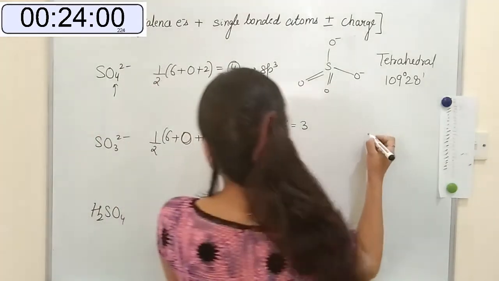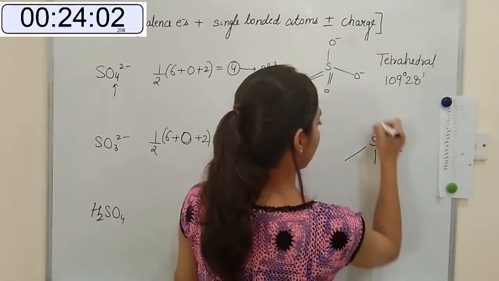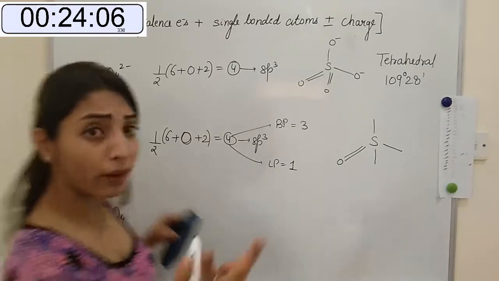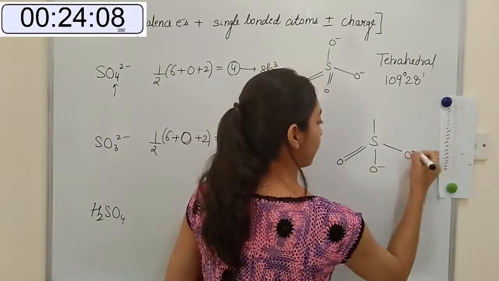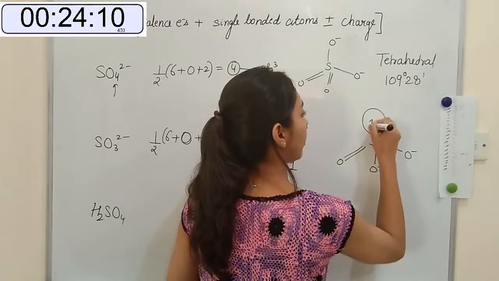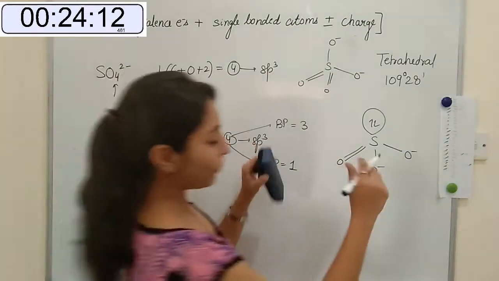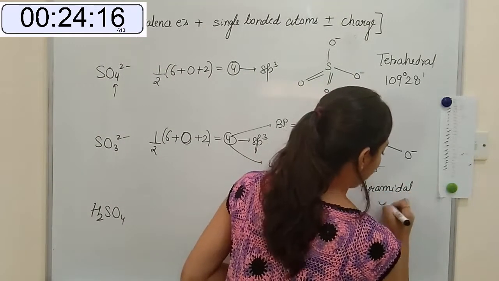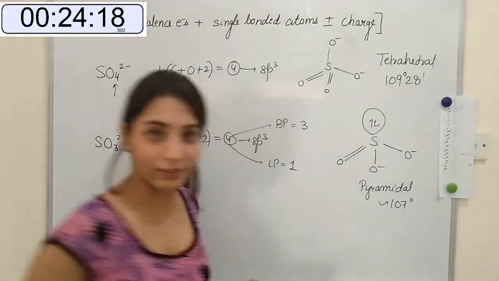So if I write, it should be S, something like this. So double bond O, how many O minus are there? So 1 minus, convert this to a lone pair. Done. The shape is again pyramidal, and the bond angle will be approximately 107 degrees.